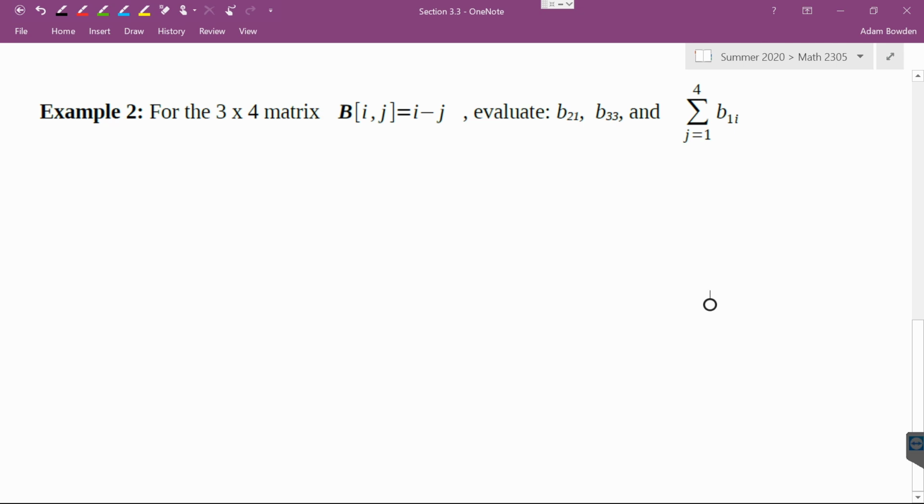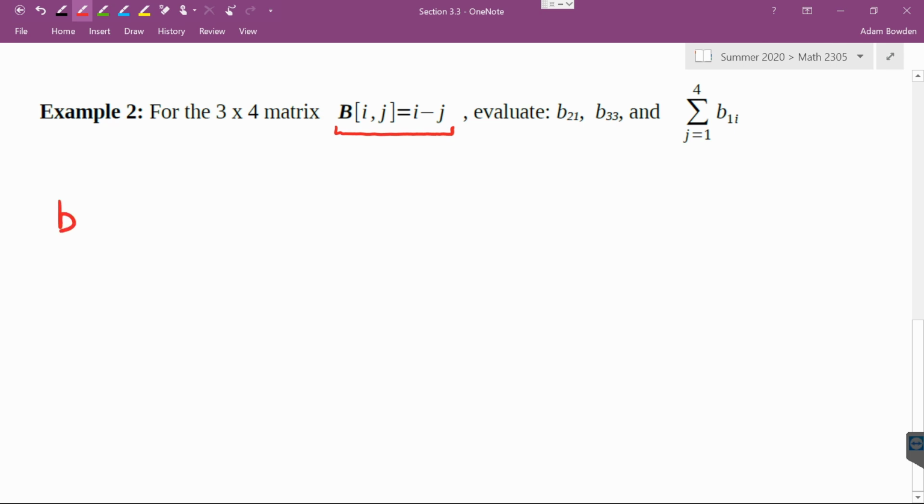Now in the next one, it says for the 3 by 4 matrix, given with the entries B sub i,j equal to i minus j, evaluate B sub 2,1, B sub 3,3, and the summation j equals 1 to 4 of B sub 1,j. Okay, so really we have the formula given to us, which we can use to find any entry within this matrix.